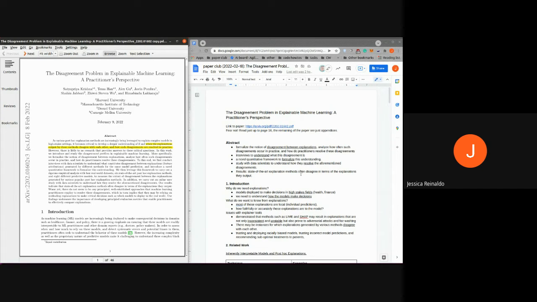They conducted interviews with practitioners to understand what this disagreement is, and they created 6 different metrics to quantify the level of disagreement. And they also conducted a study to understand how people are solving these problems. And this is it. The motivation is this.